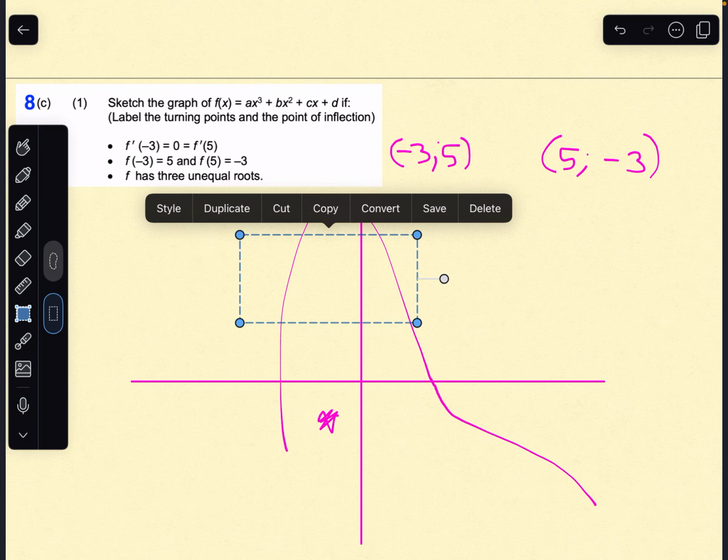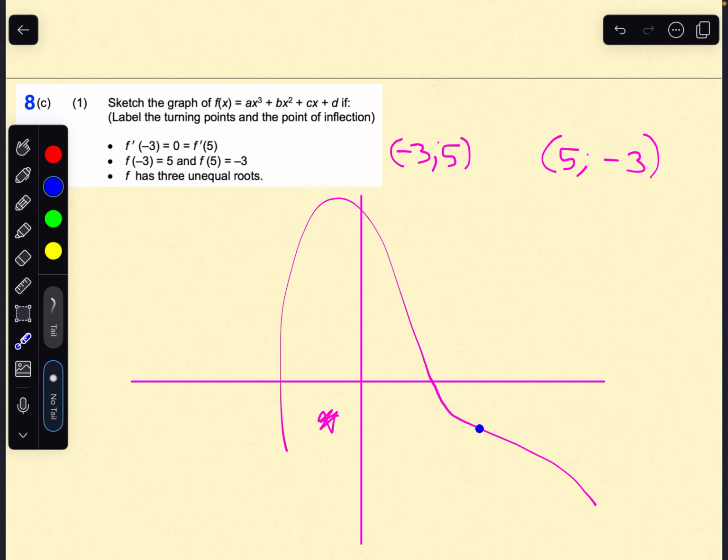And I don't think it can, because this bit would have to lift in order for that to happen, and with the point of inflection it wouldn't, because actually this isn't even changing.